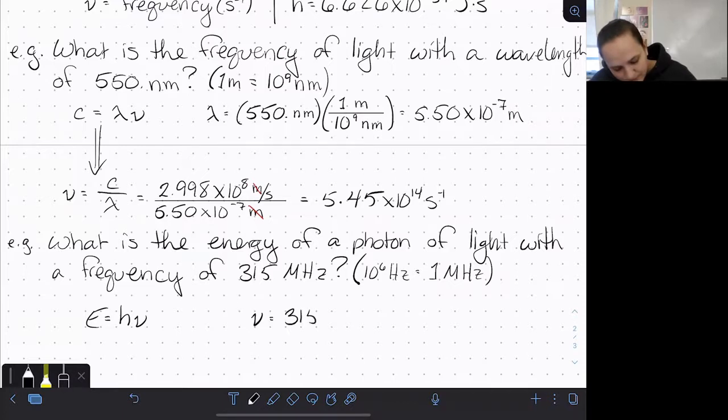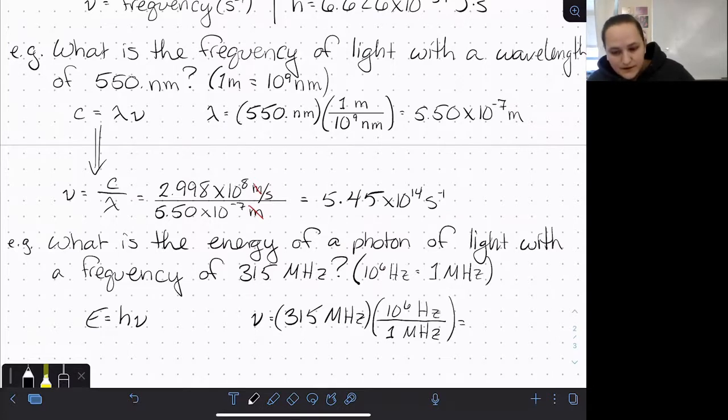We were given 315 megahertz. In 1 megahertz, there are 10 to the 6th hertz. So that gets us a frequency of 3.15 times 10 to the 8th.